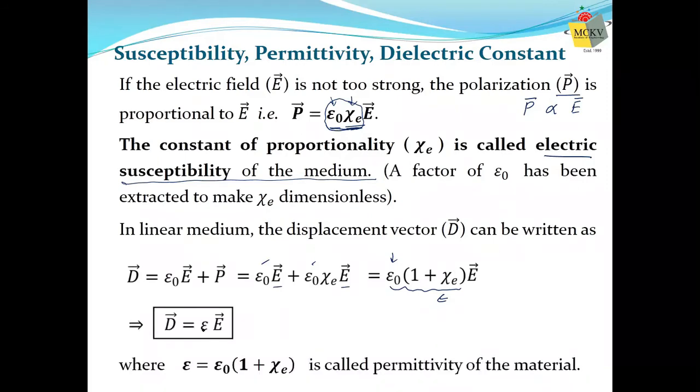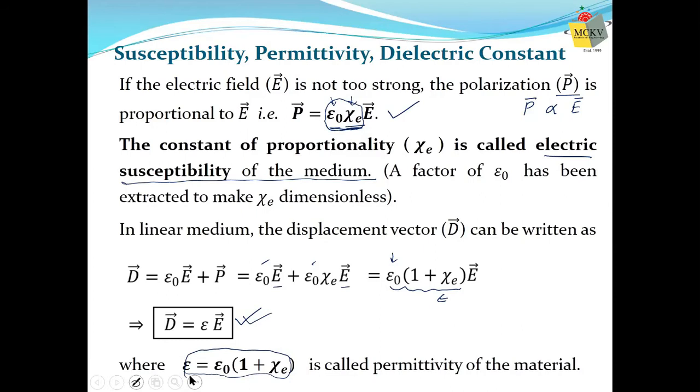Therefore, D can be written as epsilon E, where epsilon, which equals epsilon naught into 1 plus chi e, is called the permittivity of the material. So please note it down. P equals epsilon naught chi e E, where chi e is called the electric susceptibility of the material. D equals epsilon E, where epsilon, the permittivity of the material, equals epsilon naught into 1 plus chi e.